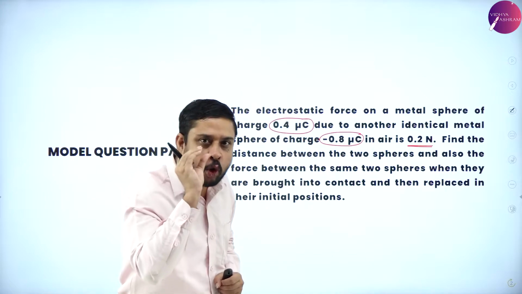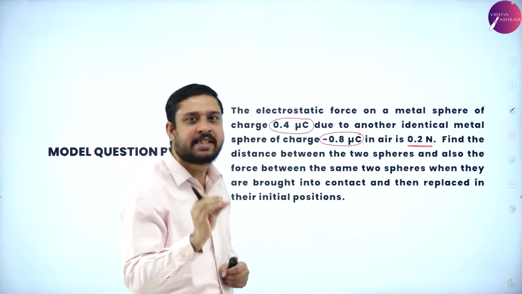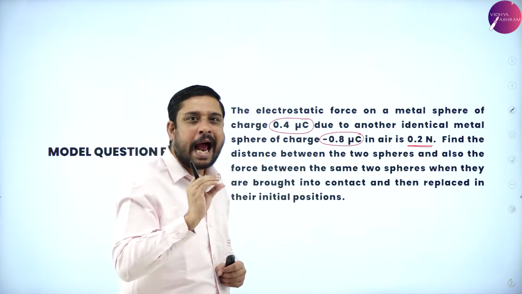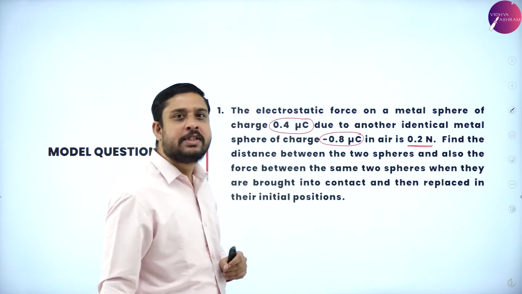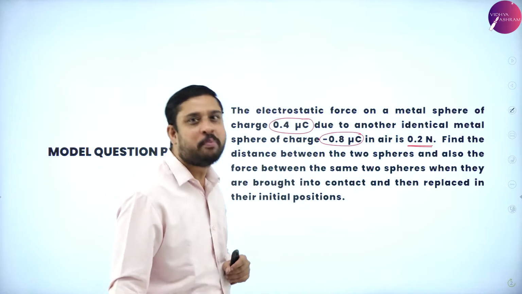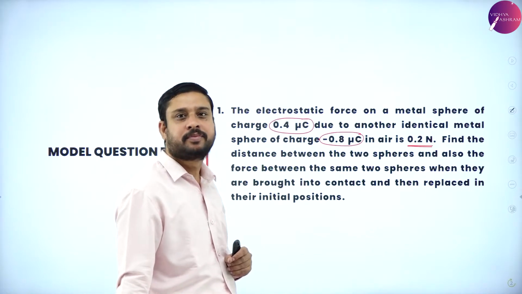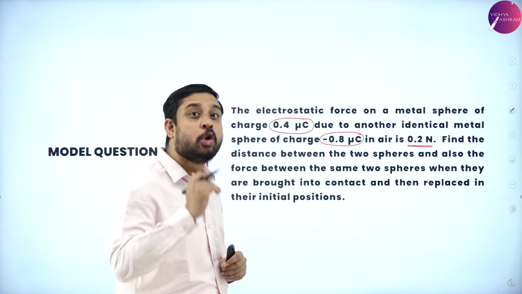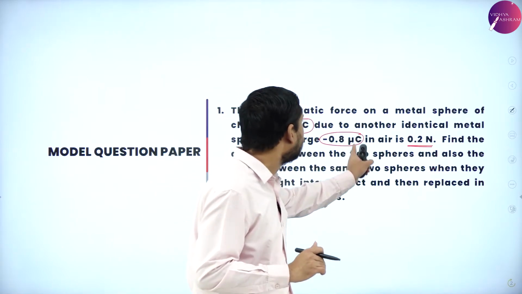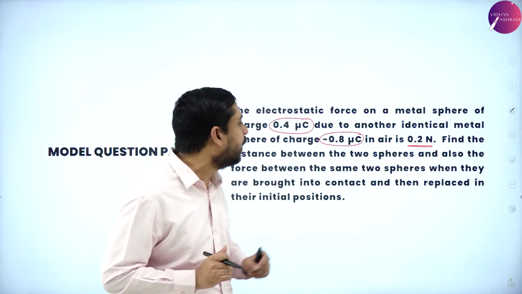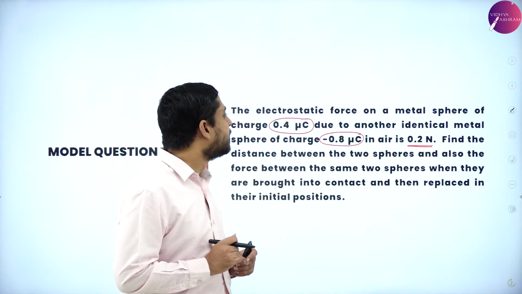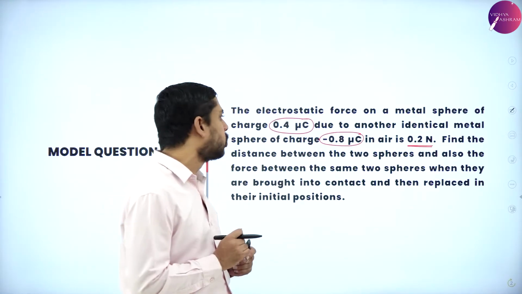So the electrostatic force acting on a charge 0.4 microcoulomb due to another charge 0.8 microcoulomb is 0.2 Newton.